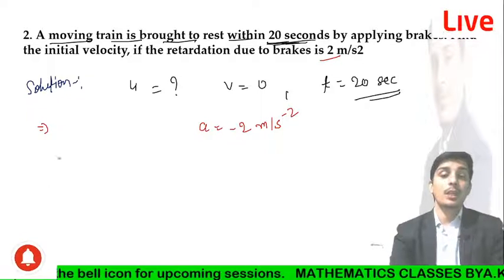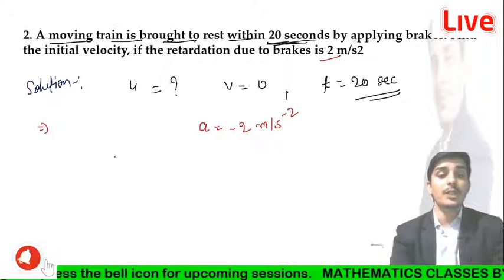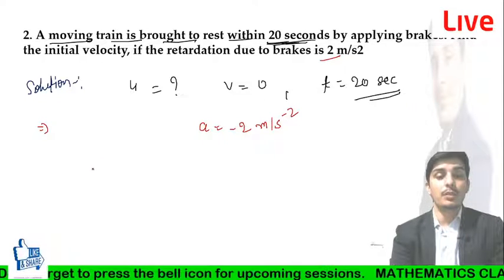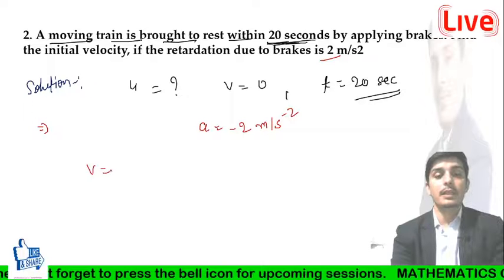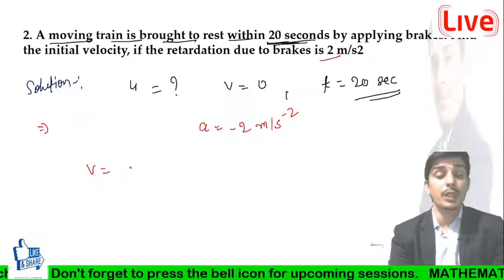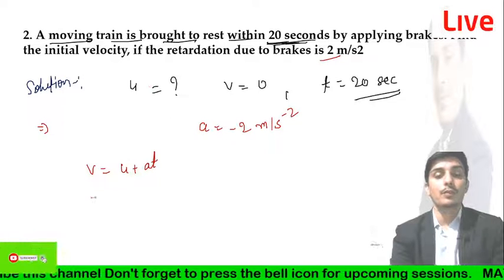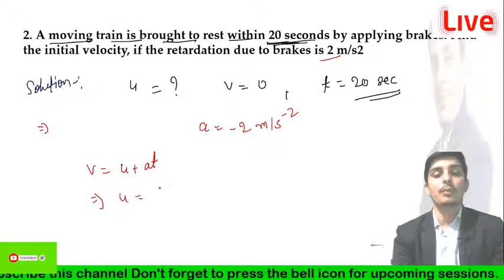Now we can apply the first equation of motion. What is the first equation of motion? v is equal to u plus at. We have to find out the u value, so u equals v minus at.